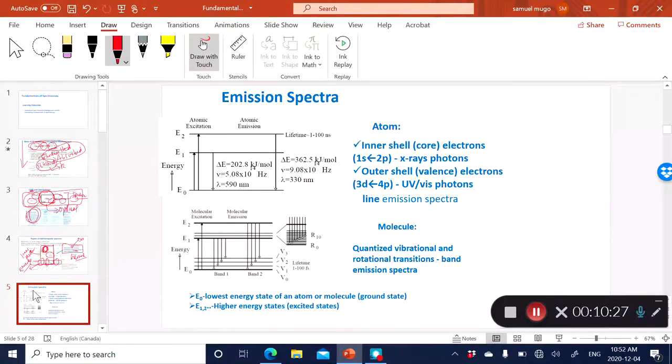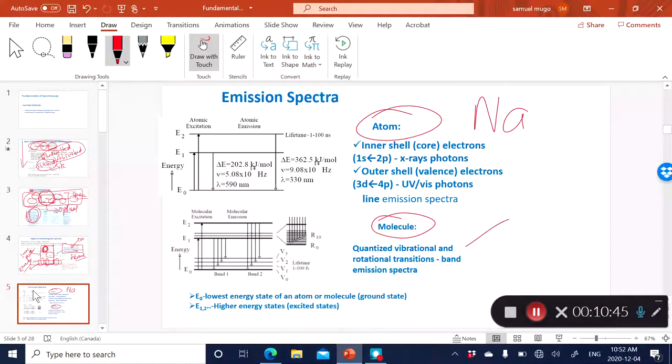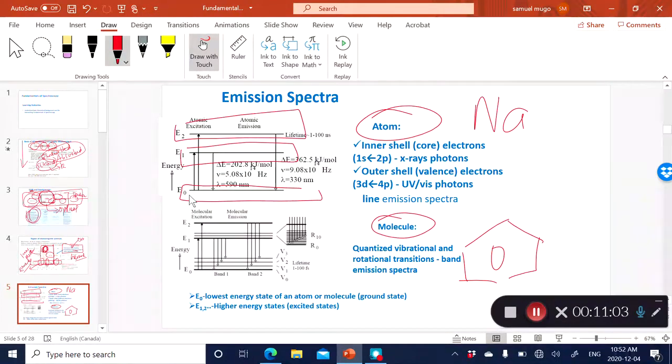Now, in terms of the spectral signature of atoms and molecules, they are typically very different. If I've got an atom such as sodium, it's going to behave very differently than if I've got a molecule such as benzene. And this is why. Sodium, or any other atom, has electronic states. You can see the E1, the E2, all those are electronic states or energy levels. But atoms do not have rotational and vibrational levels.